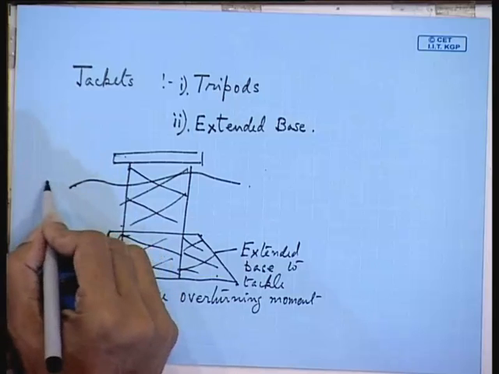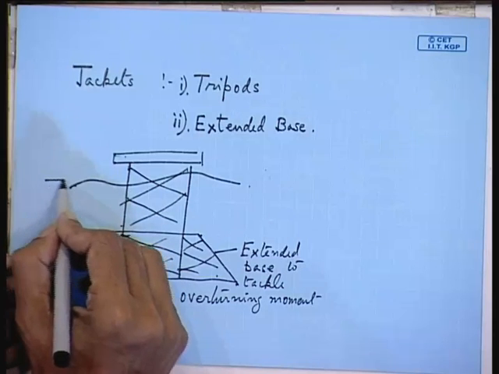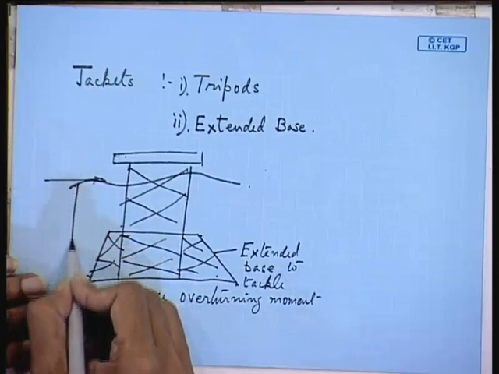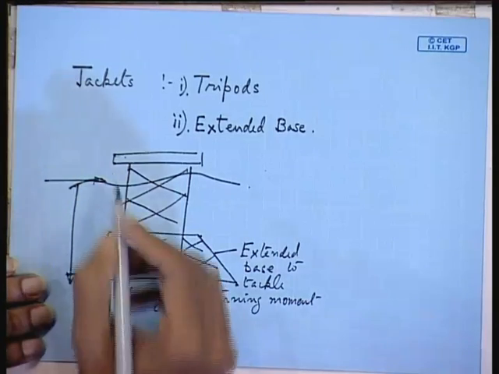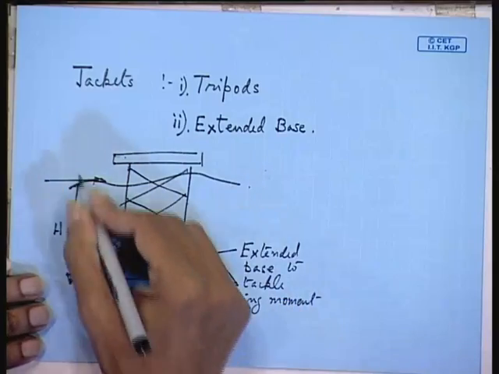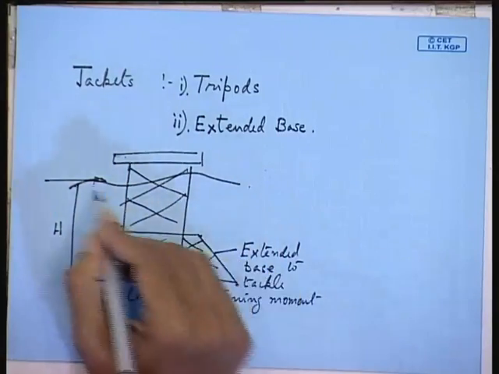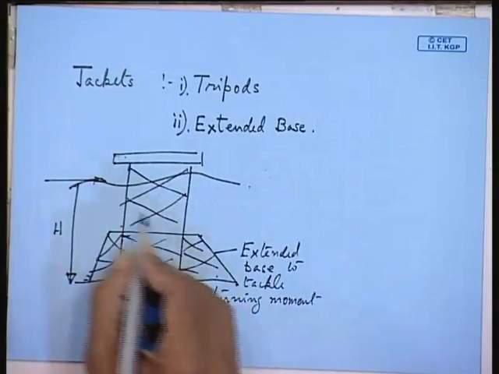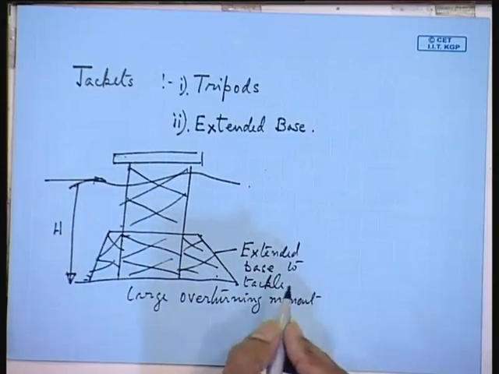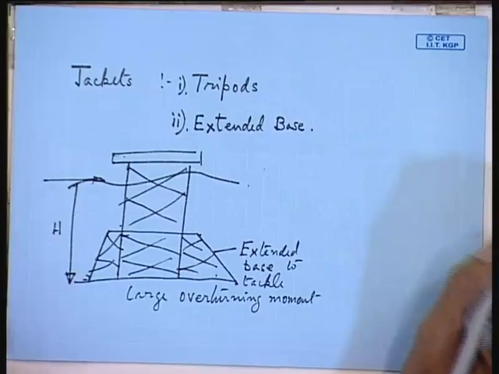So, that means your jacket becomes very costly for deep water because of this. For deep water, H will be quite large, overturning moment will be high, and again you have to extend the base, that means jacket extended base.